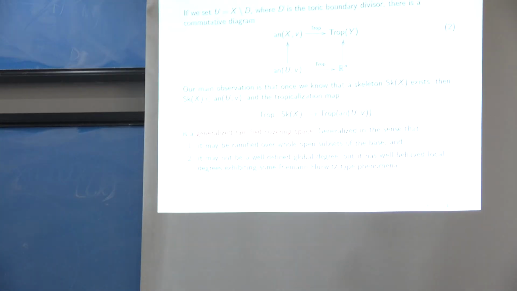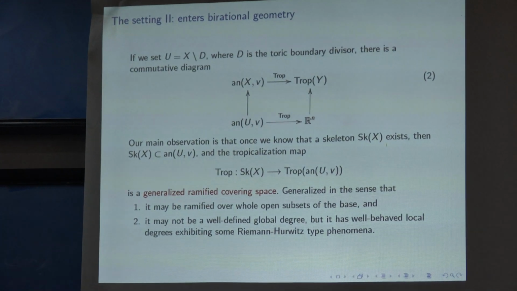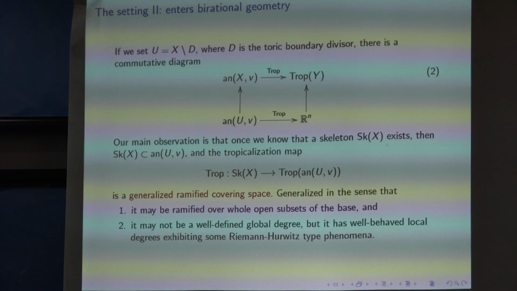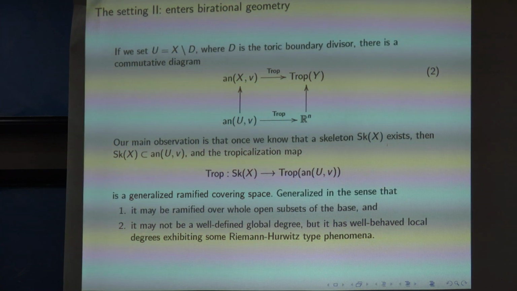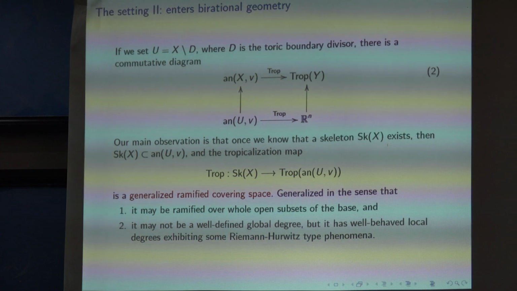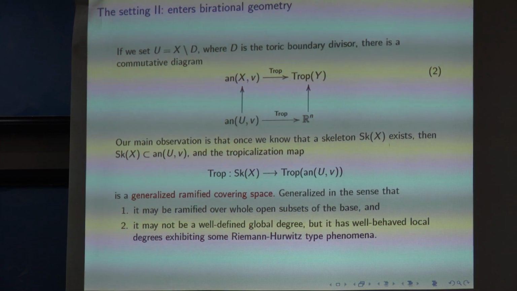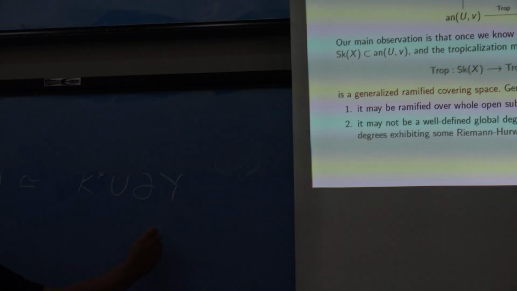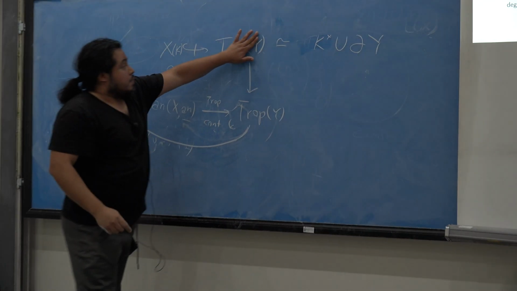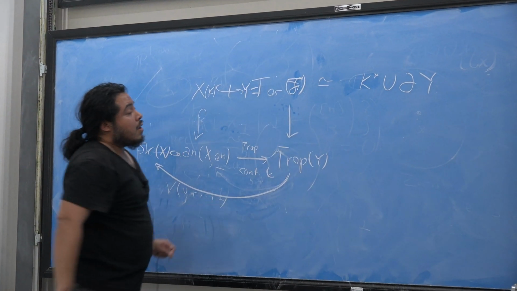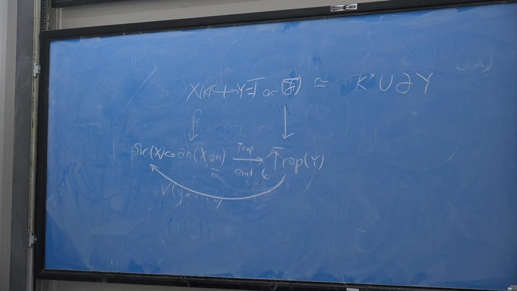So let me tell you how to do this. Since I am in a toric variety, toric varieties come with a decomposition into the toric boundary and the torus. This is K star, some boundary divisors.